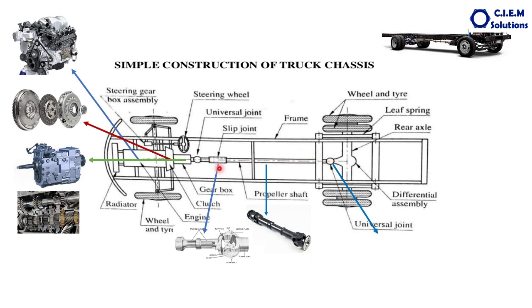Why this slip joint is provided? The axis of the gearbox is always higher than the axis of the differential because the differential will be lower height than the gearbox. That is point number one. Point number two, when we are driving the vehicle, because of the road conditions, these wheels take up and down motions.